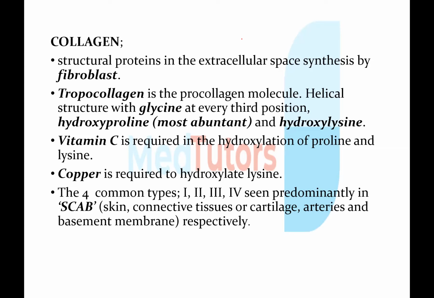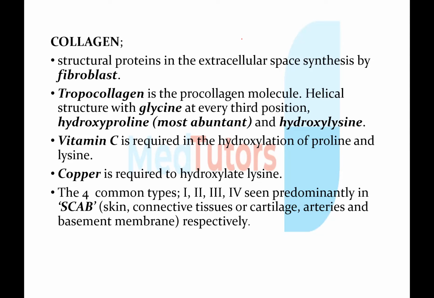There are several types of collagen. However, the 4 common types are type 1, 2, 3, and 4, seen predominantly in the mnemonic scalp. 1 is seen predominantly in the skin. You remember, during the maturation phase, type 3 collagen reduce in quantity, while the type 1, which is more stable on the skin, increases.